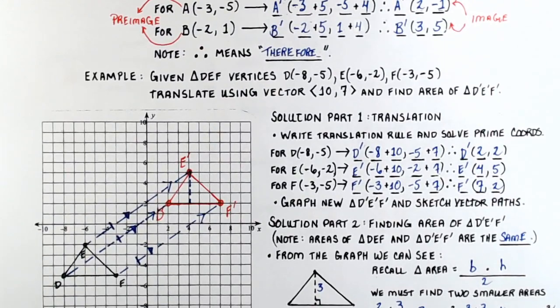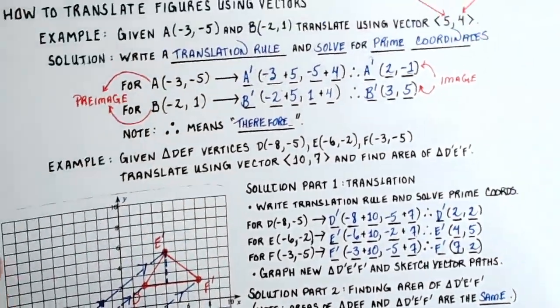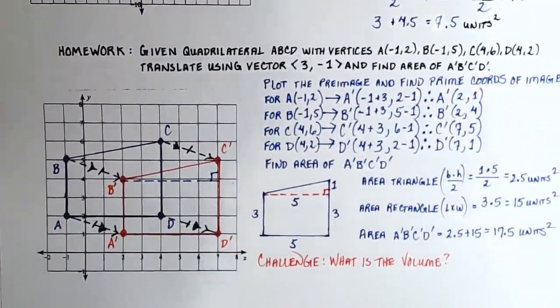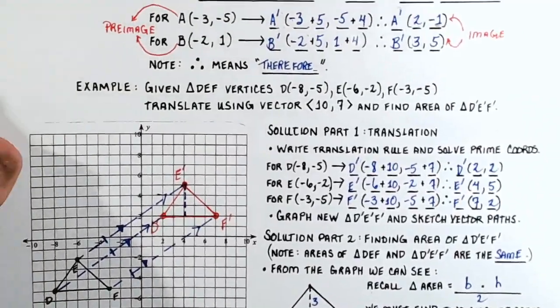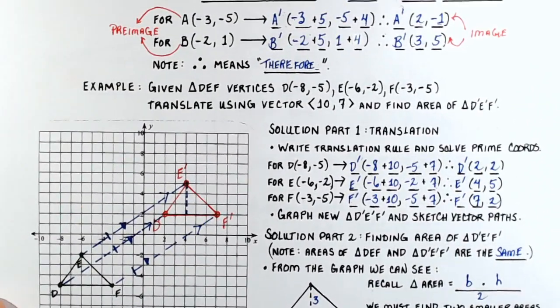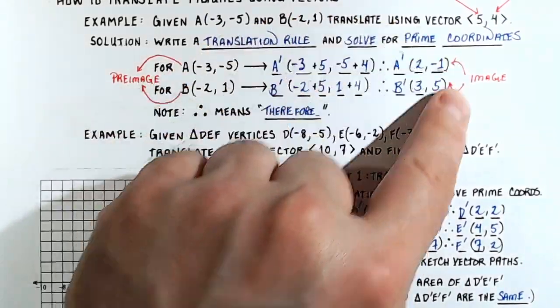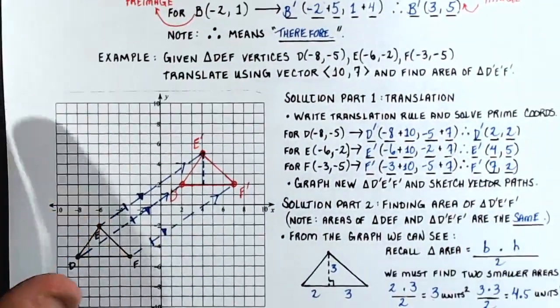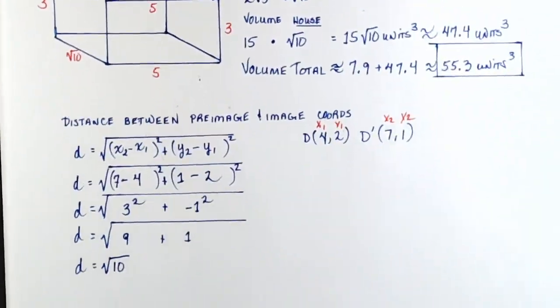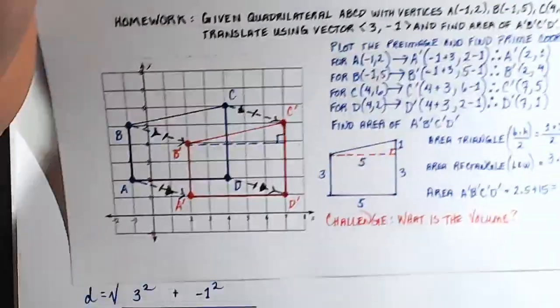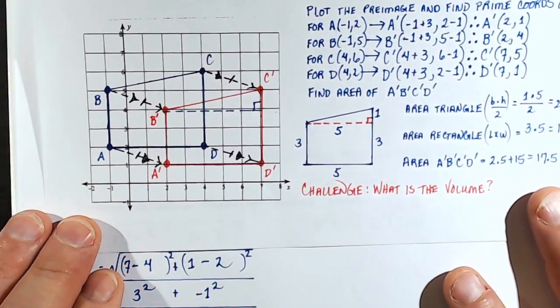So we've done a whole lot today. We've covered an enormous amount of material. We've learned how to translate figures, rigid motion translations on coordinate planes. We've done segments, which is what we did here with no graph. Then we did a triangle, and then we did a quadrilateral. We took it to the next level by finding the volume of the shape that we formed in this homework problem.